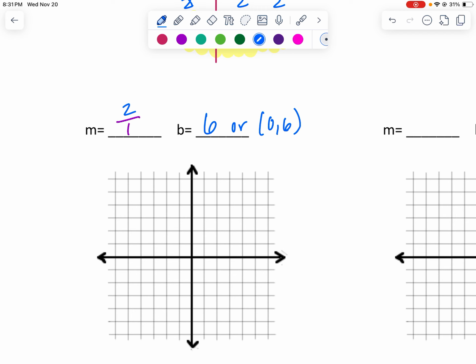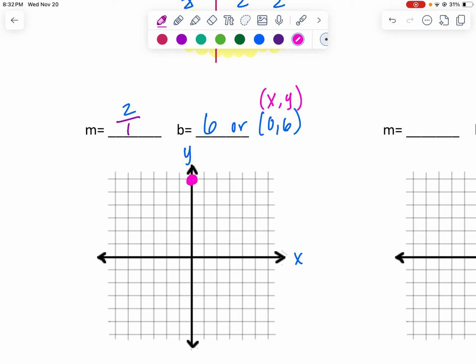So on my graph, these are my x values. Here are my y values, right? x, comma, y. So my x is 0, so I'm going to start at 0, and then I'm going to go up 6. So 1, 2, 3, 4, 5, 6. So here's my first point. This is 0, comma 6, my y-intercept. And then it looks like my slope is going up 2, to the right 1.